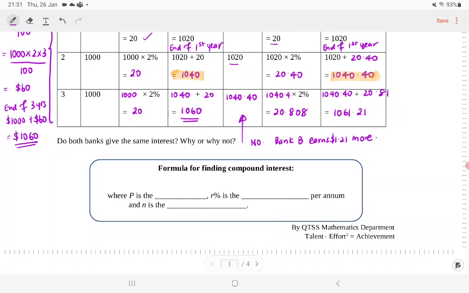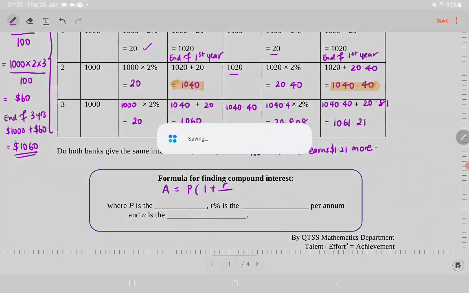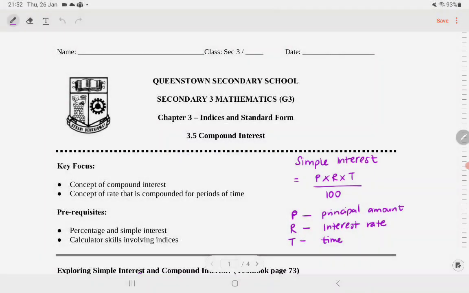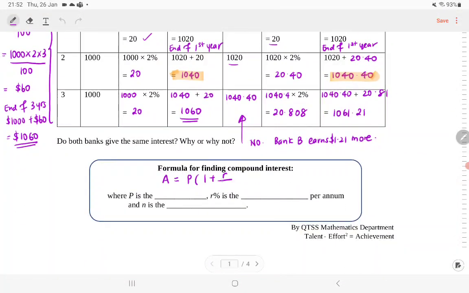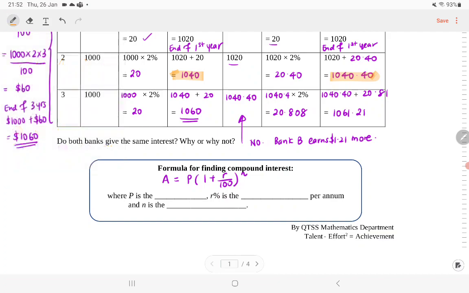Okay, this is the formula. Now I'll tell you what each letter stands for. P is definitely the principal amount.